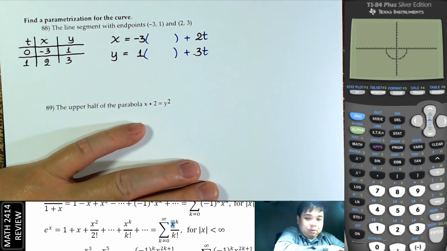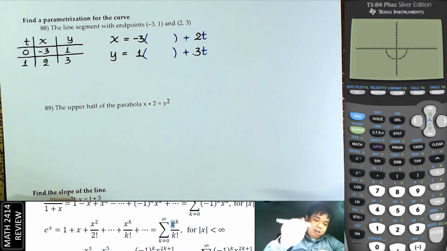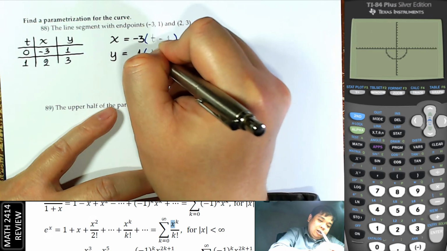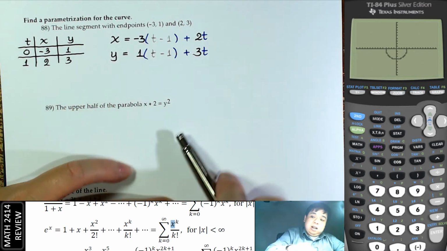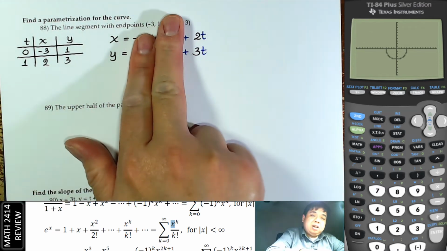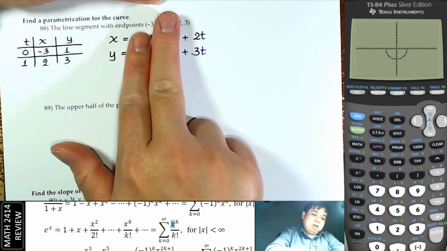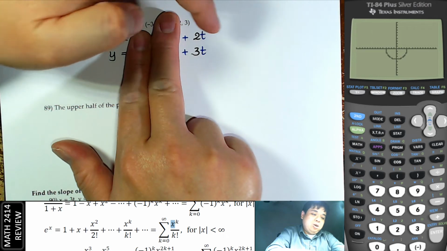Alright, now if we're going to put, I'm just going to do that in pencil. If I put t minus 1 here, when t equals 1, this 2 will disappear. When t equals 1, those terms disappear and t is equal to 1. So x is equal to 2, y equal to 3.